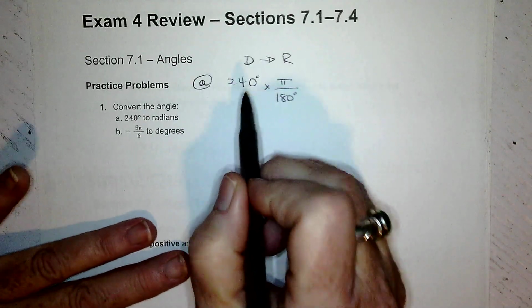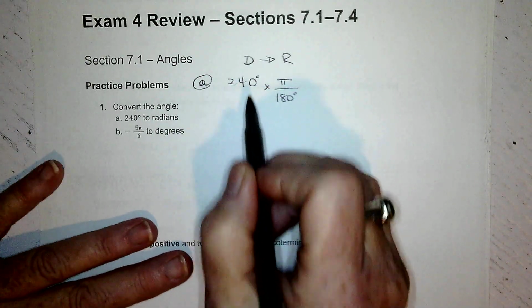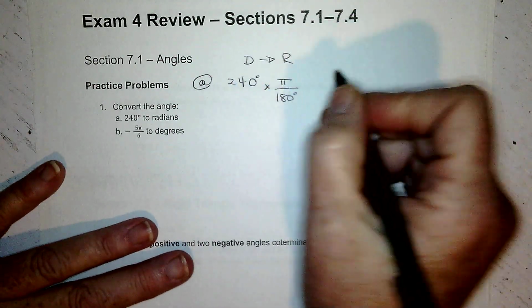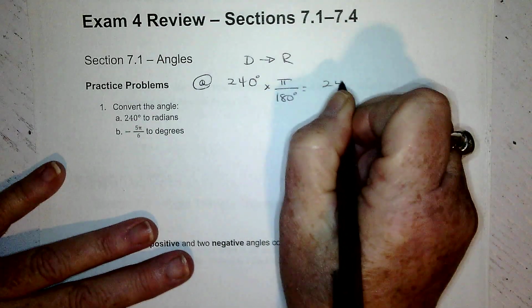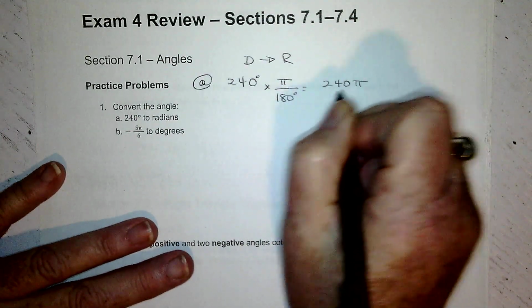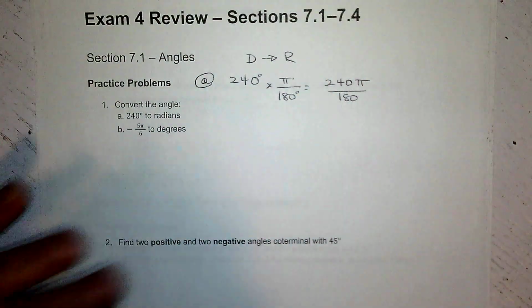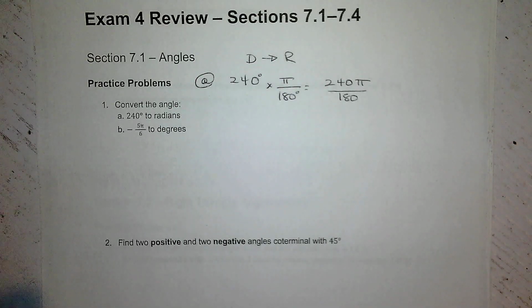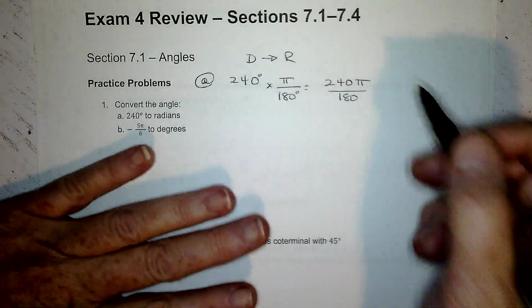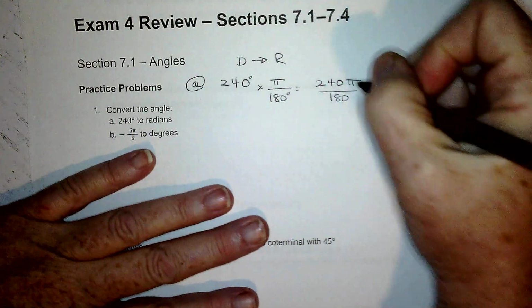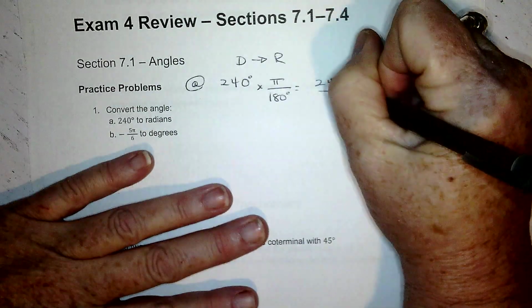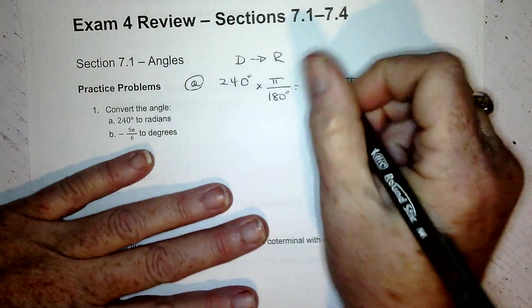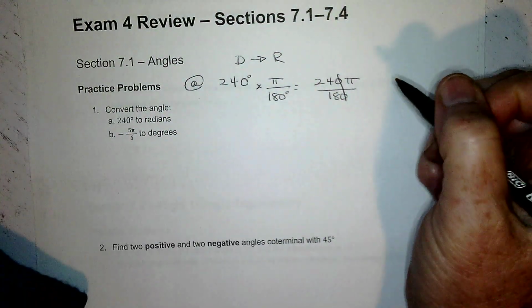Now, to make sure that you get the most points you can, please make sure that you reduce. So I'm going to go ahead and rewrite this. 240 pi over 180. Please note that the degrees are gone. Do not represent degrees if you're now in radians. And then now I'm just going to reduce. I know that these two will make it go away, and then I've got 24 over 18.